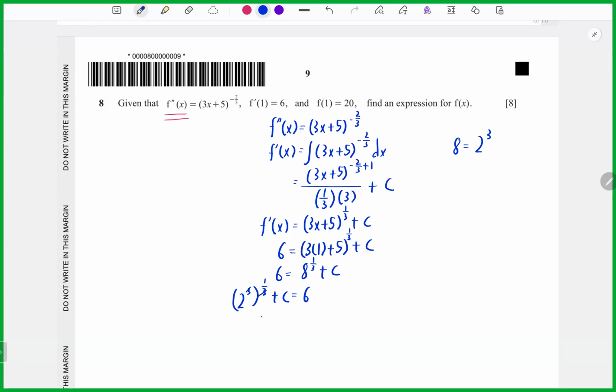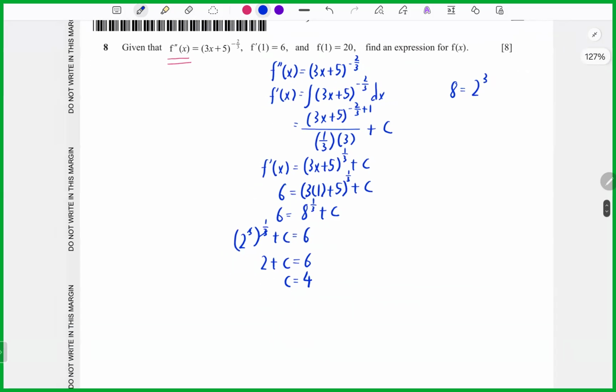Answer, 2 plus c equals 6, so c equals 4. So this is our first derivative: (3x + 5)^(1/3) plus 4. Now we integrate again one more time.